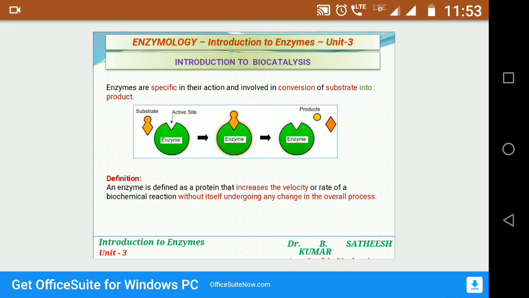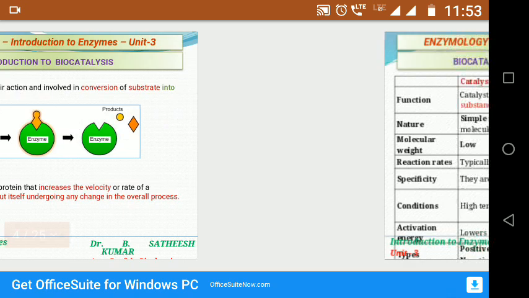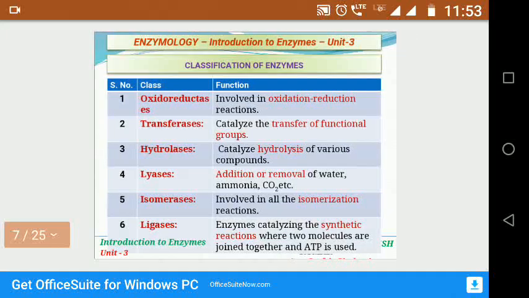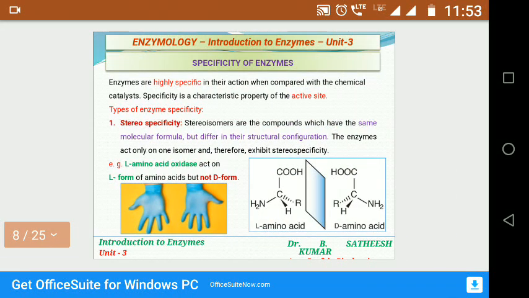So that is the key to the accuracy of the enzymatic action. Okay, so now we will discuss the specificity of the enzyme. Specificity means an enzyme is specific towards a particular substrate only. It is very important to discuss.